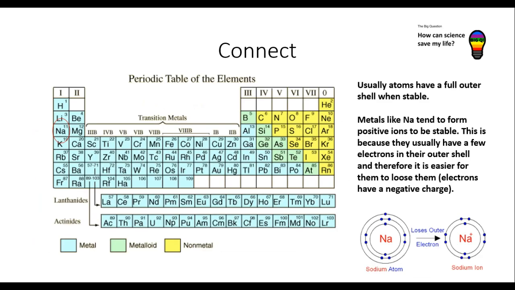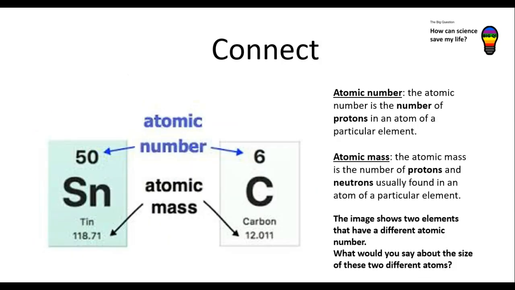Okay. So let's quickly answer this question first. The tin atom has a bigger atomic number, almost 10 times the atomic number of carbon, and therefore this means that it has more protons. And by having more protons, it means that it has more neutrons.